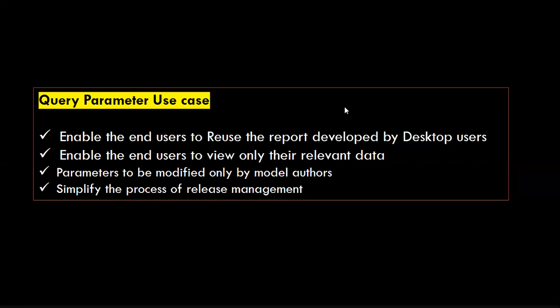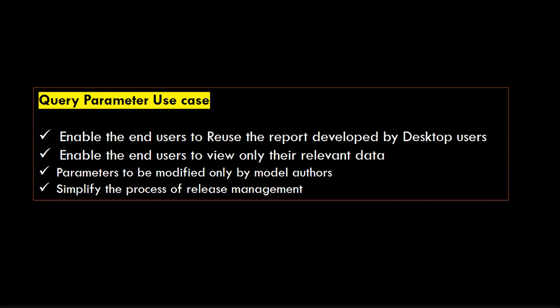In that case, you can select North and South regions alone, so you can reuse the same report. You don't have to create separate reports for each region or each location. In the same report itself, with the help of the parameter, we can enable the users to view different regions' sales performance, and it enables the end users to view only the relevant data.